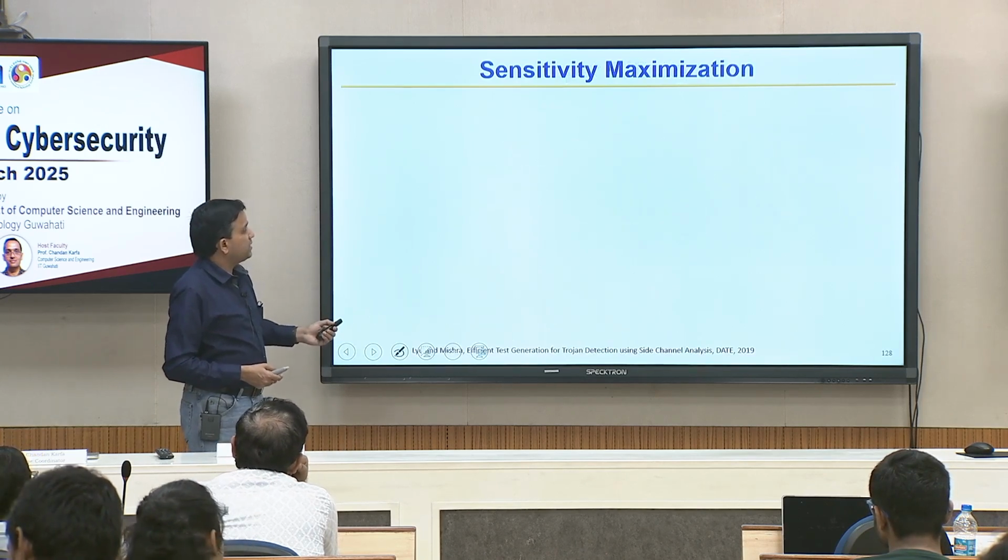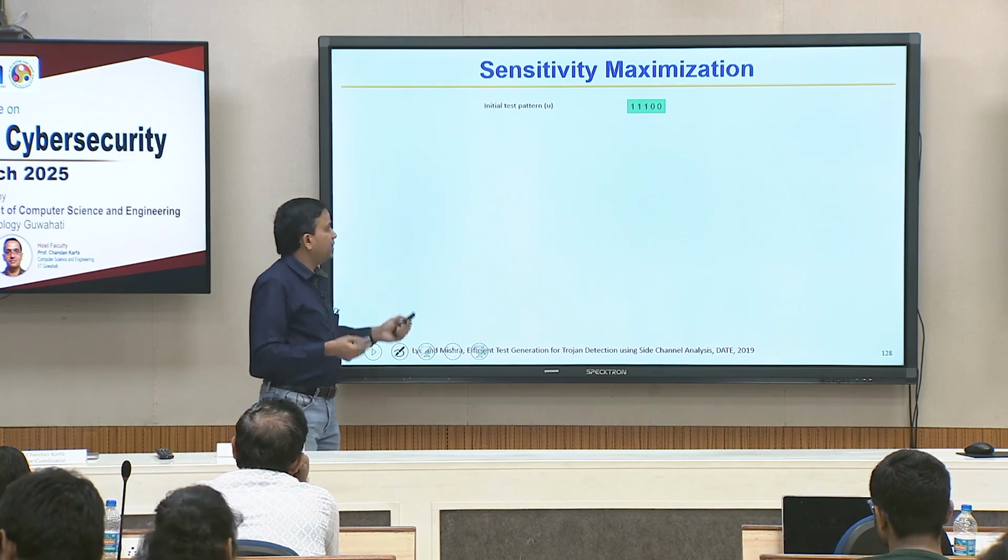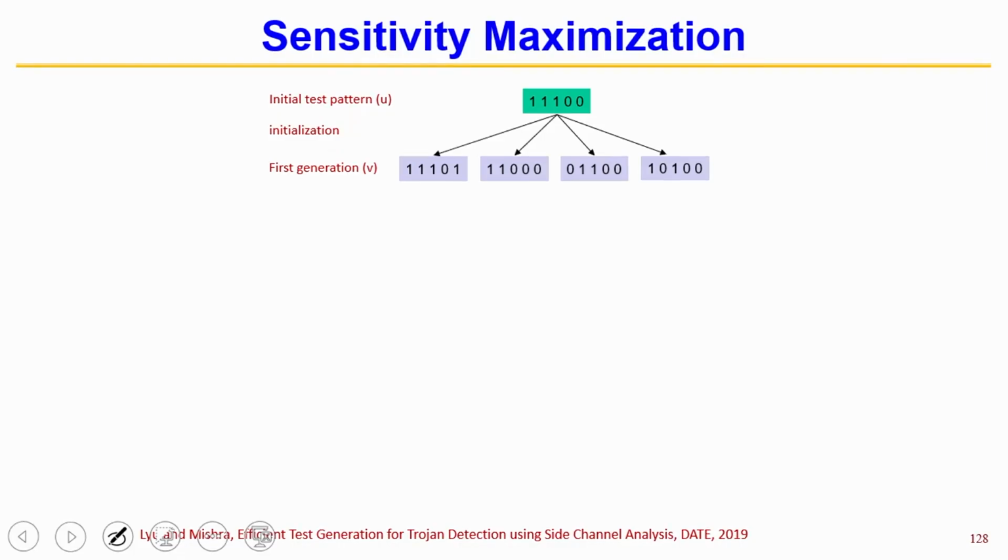Those are the two core observations, and the way the genetic algorithm worked here is that once you are given the first initial input pattern, you try to find the second pattern. In this example we are trying to flip one of the bits. There are 5 bits, and one of them we decided to keep the same. We try different choices in the first generation and compute fitness with respect to the objective.